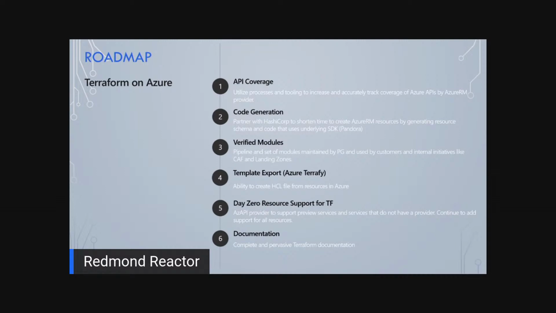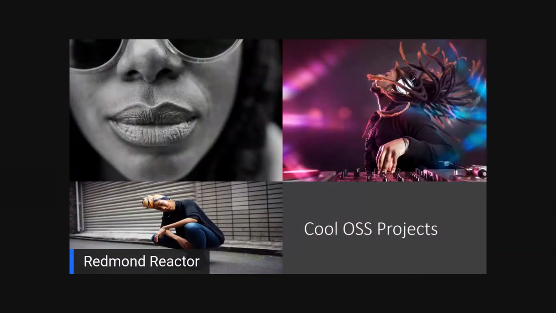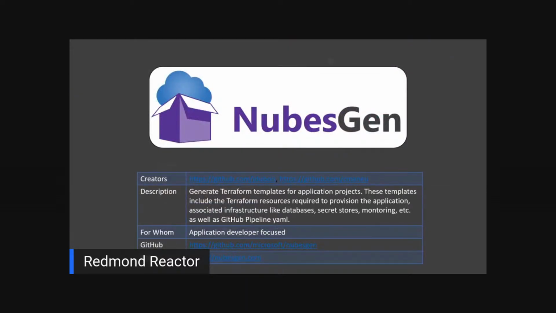So our last section for today is talking about some cool open source projects, and this is something that we will have recurring during these calls. We just want to make sure to shout out some unique ideas or projects that could help enable your scenarios and help you have an easier experience for Terraform on Azure. For today, we are going to specifically talk about NoobsGen.